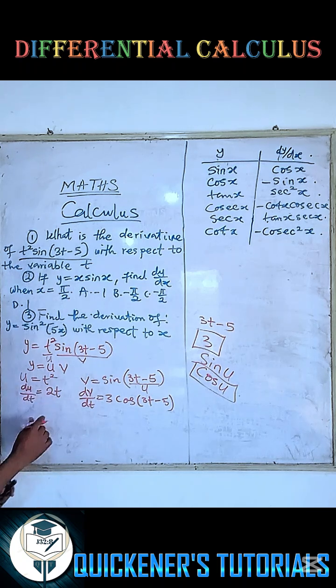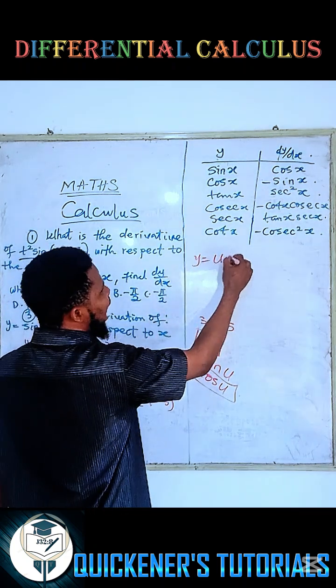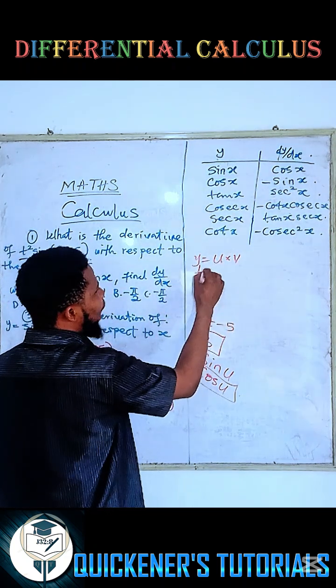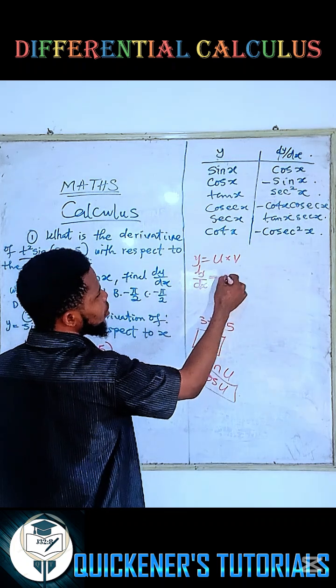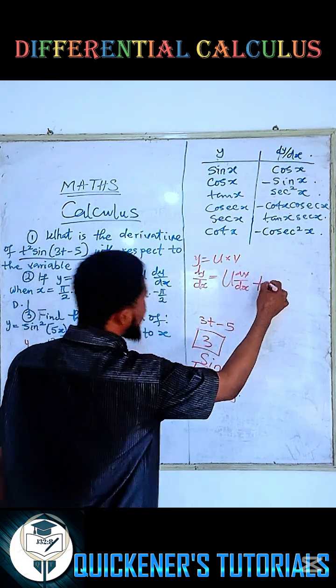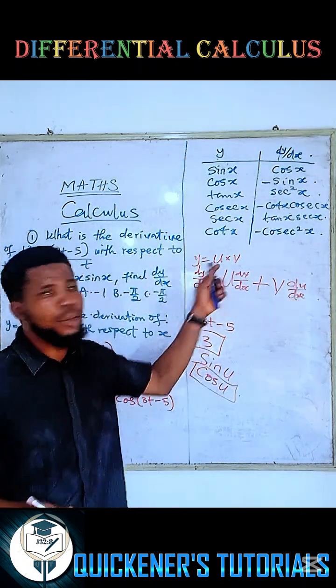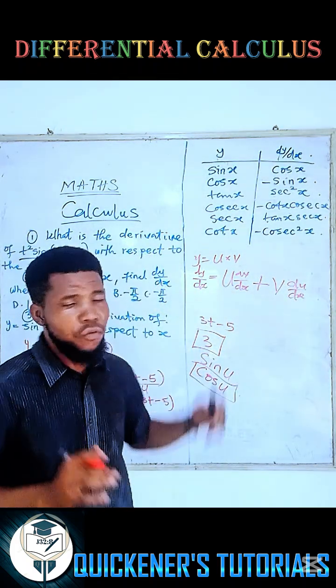Alright? So now, how do you solve u times v? y equal to u times v, the derivative is what? The derivative of y is u times the derivative of v, plus v times the derivative of u. That is the formula. This is called product rule. Product rule formula.